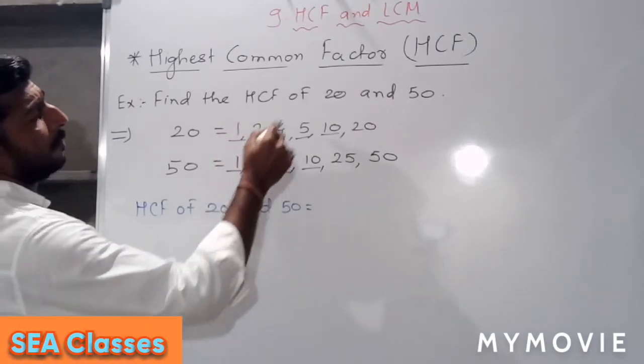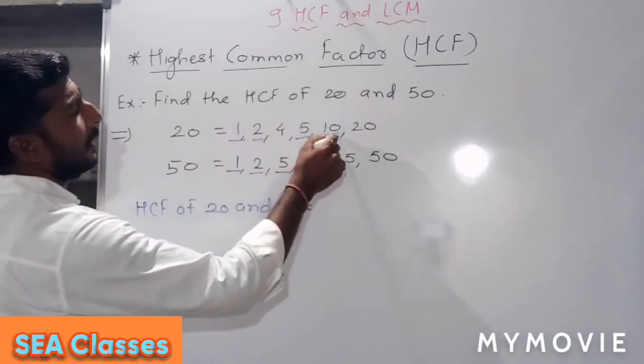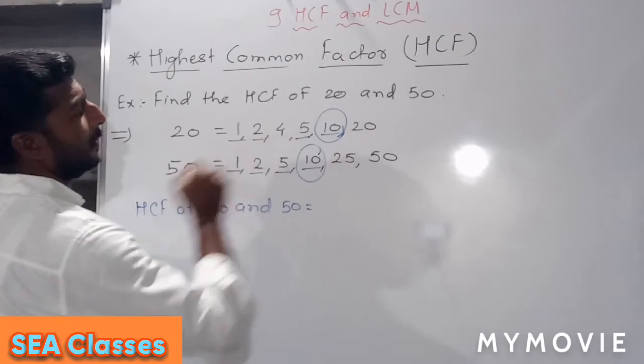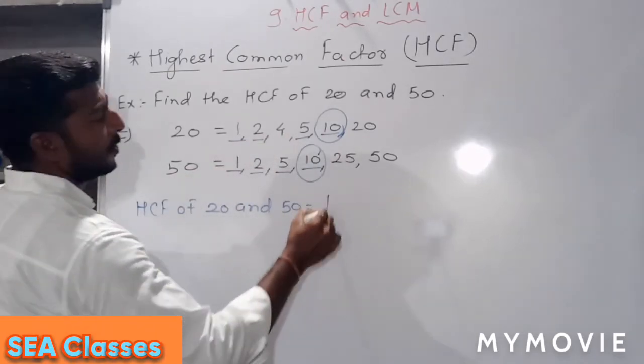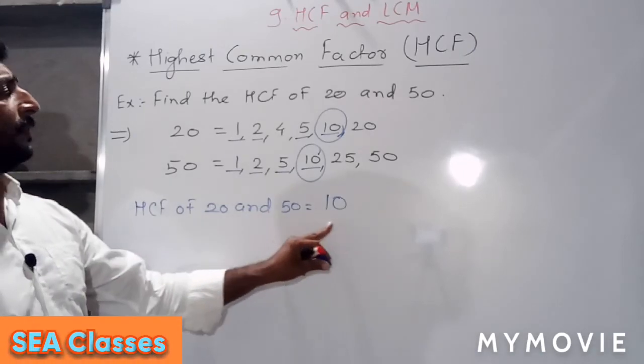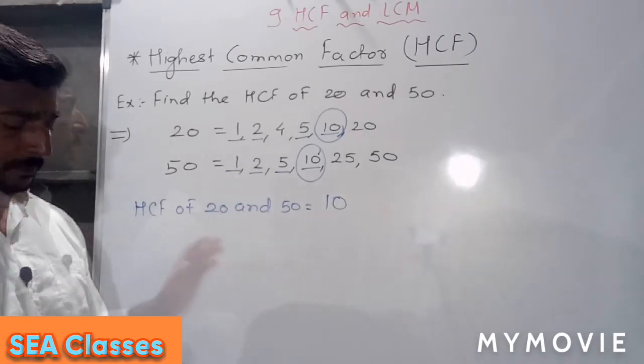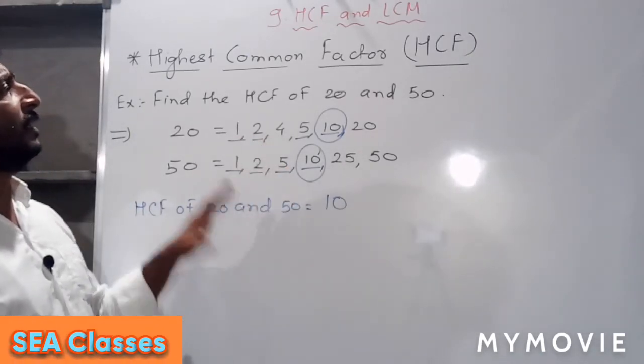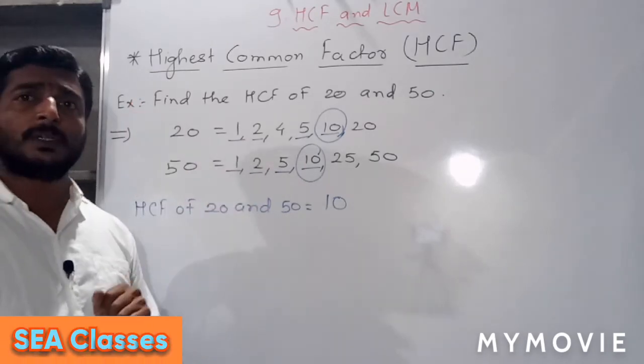Among this list of common factors, you take the highest, that is 10. So the answer is 10. The highest common factor of 20 and 50 is 10. In this way you can find the HCF of two given numbers.